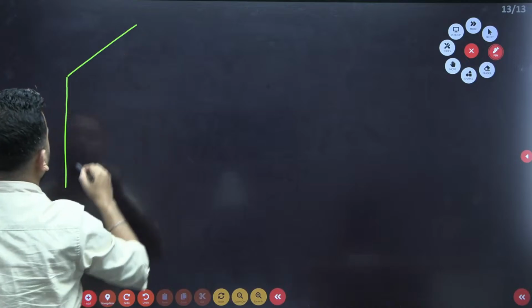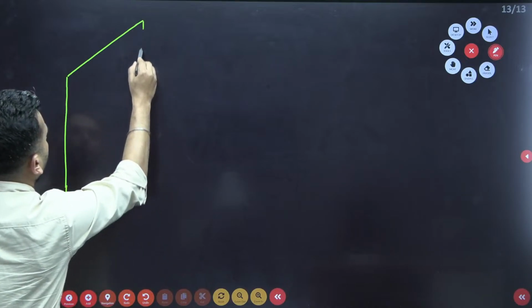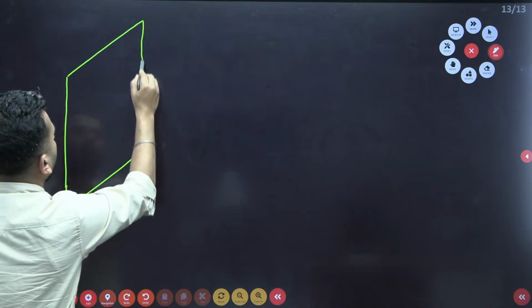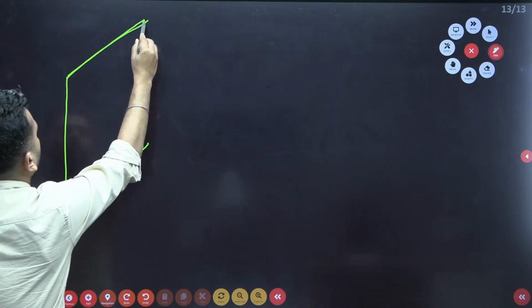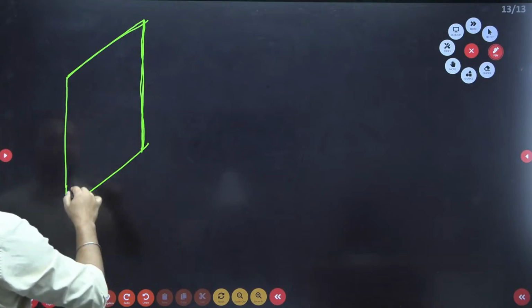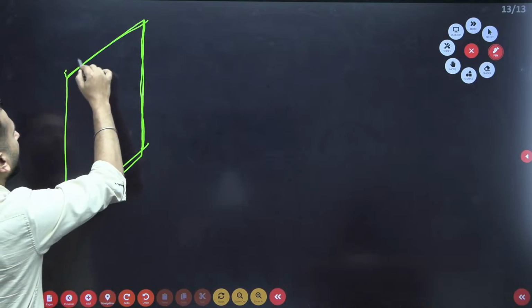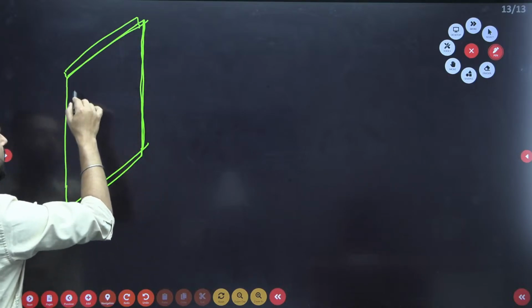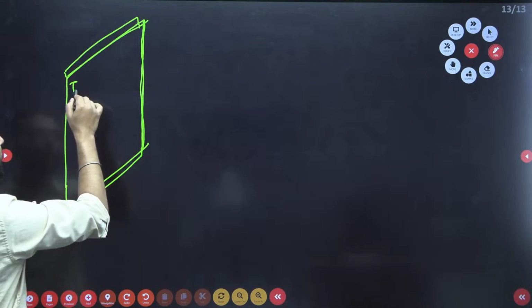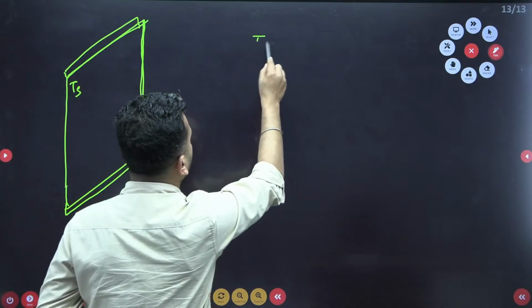See, this is a flat plate, and suppose that this is a hot plate maintained at Ts, and the ambient is somewhere over here.